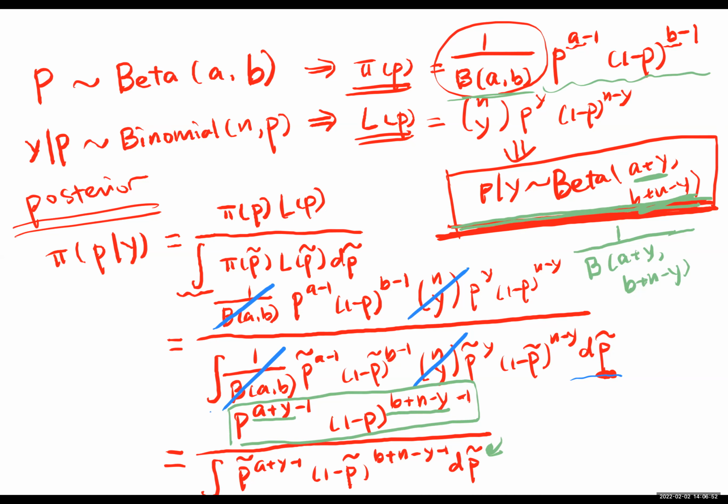So my next hint for you is that the beta distribution is a well-defined density function. What that means is that if you integrate out P, if you have your beta as the prior, it will integrate to 1.